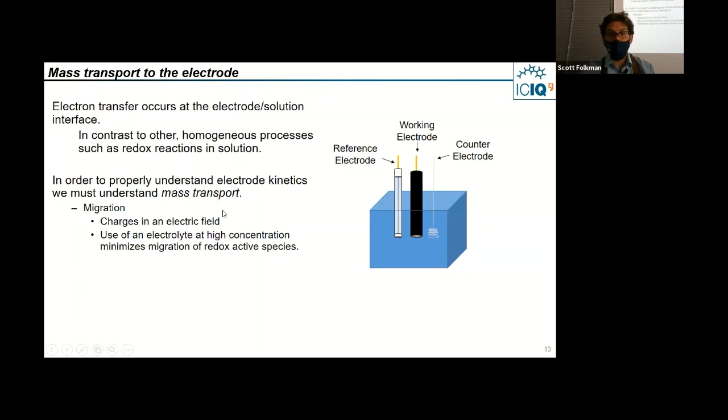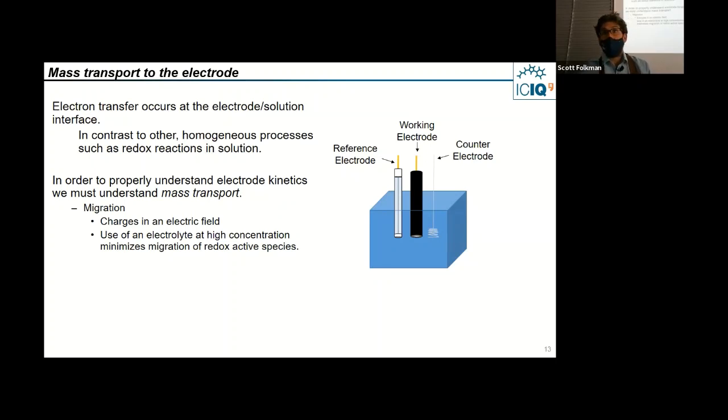an electric field in the non-Faradaic current for the double layer capacitor. And we often use an electrolyte at a very high concentration, or relatively high concentration, which minimizes the migration of a redox active species. So a common electrolyte in aqueous solutions would be potassium nitrate, typically 1 mole per liter.